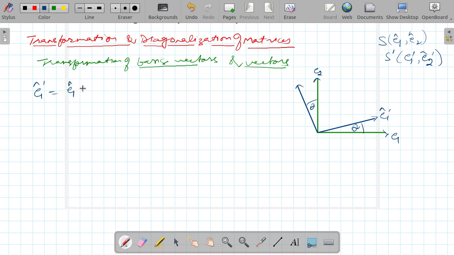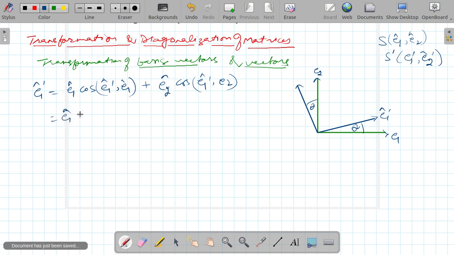So it is E1 cos of the angle between E1 prime and E1, plus E2 cos of the angle between E1 prime and E2.